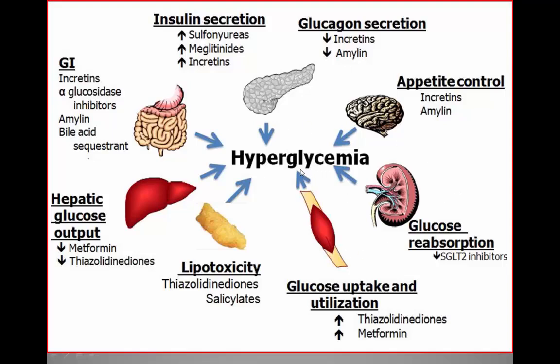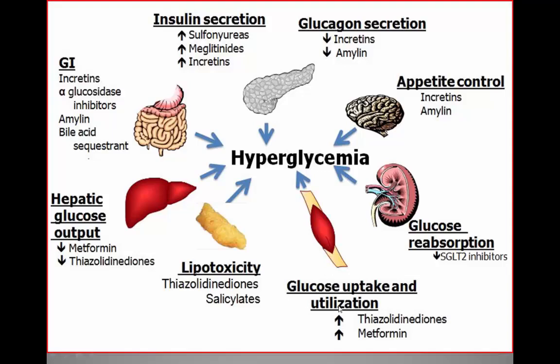So basically, when you have hyperglycemia, remember that you have several other hormones that are released, and also how the medications act at the level of organs to decrease the blood glucose level. Sulfonylureas and meglitinides, you must memorize that those two are the only ones that produce insulin secretion. Then you have the glitazones.